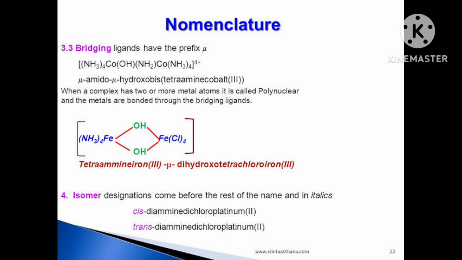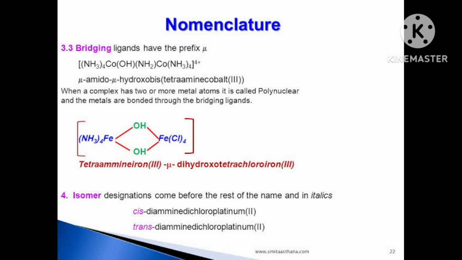Then again I am repeating, how will you calculate? For that you should know the ligand, what type of ligand is attached. If ligand, for example, chloride, fluoride, iodide, anything is attached, or nitrate, NO2 is attached, then easily you can determine if you know the charge on the ligand, because you know the formula.